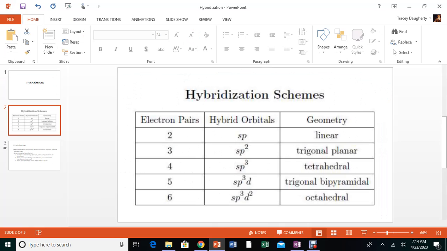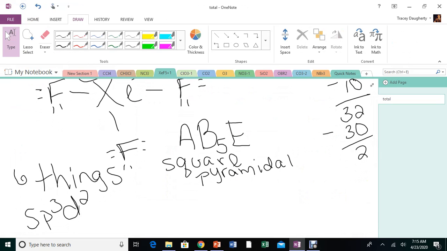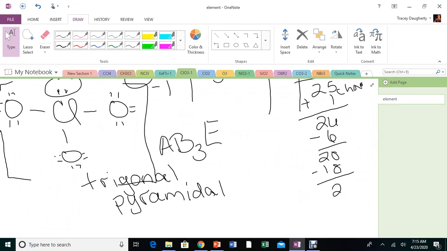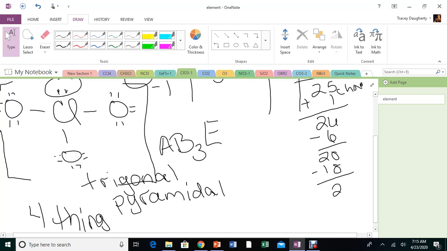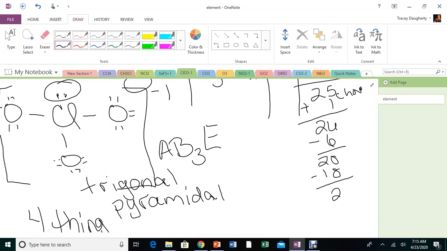Let me check that. Yeah, 6 things, sp3d2. Okay, this we have 3 outer atoms plus the lone pair makes 4 things, which means that this is sp3. You're going to have a lot of sp3s.